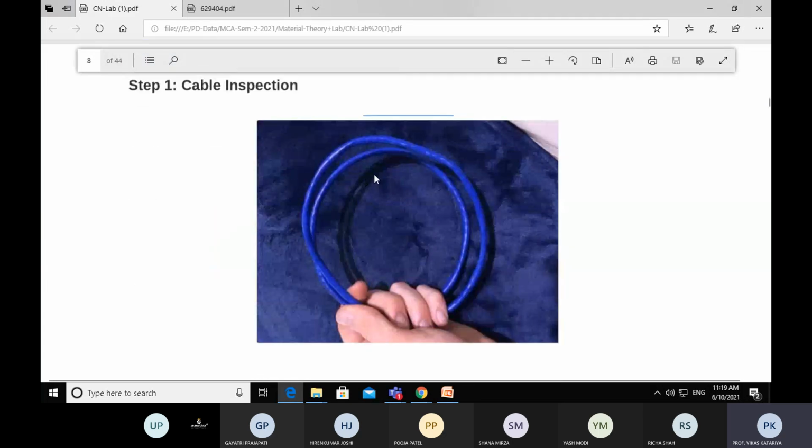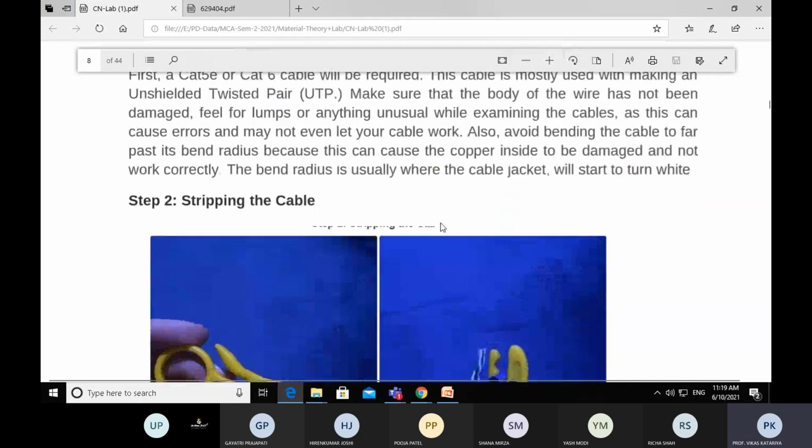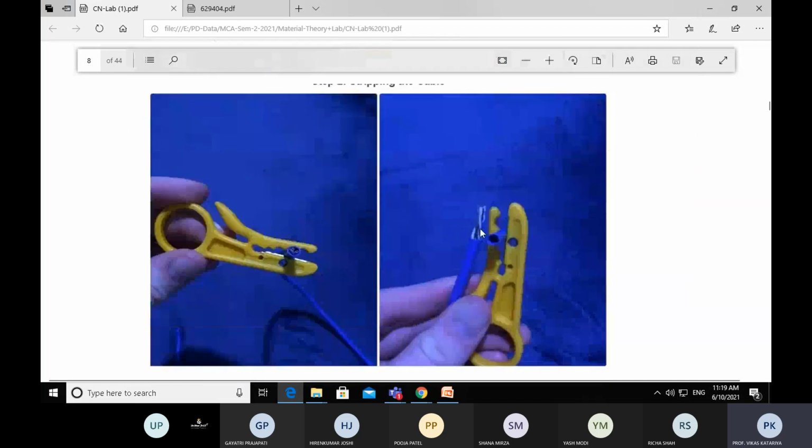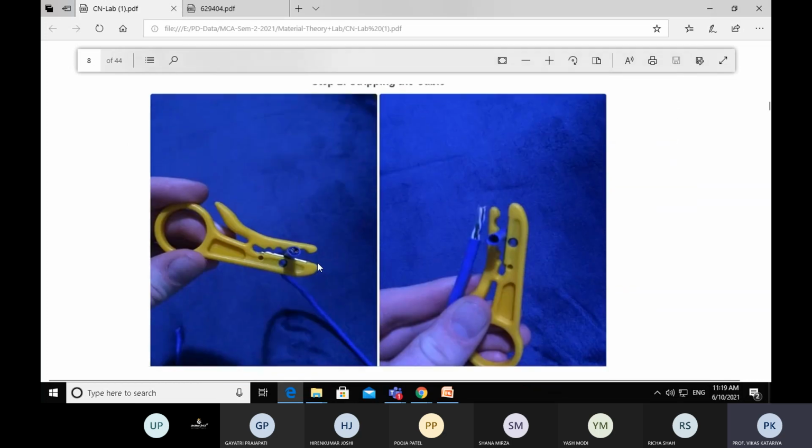First, we have cable inspection, to check whether the cable is correct or not. In step 2, we strip the cable in the proper way so that the copper wire is not cut. So this is a cable stripper. You have to strip very carefully.